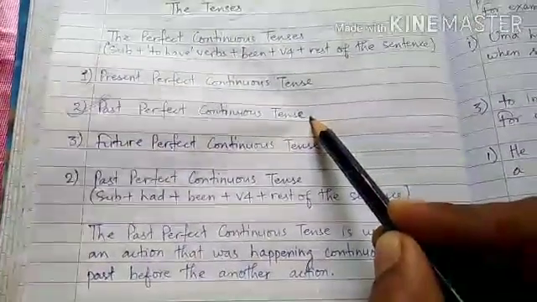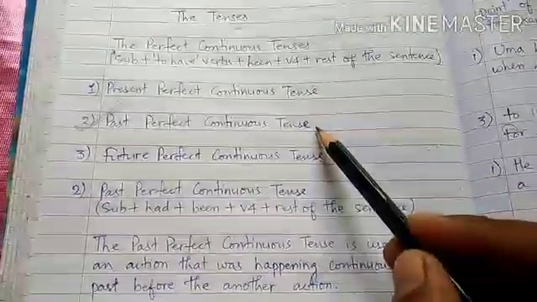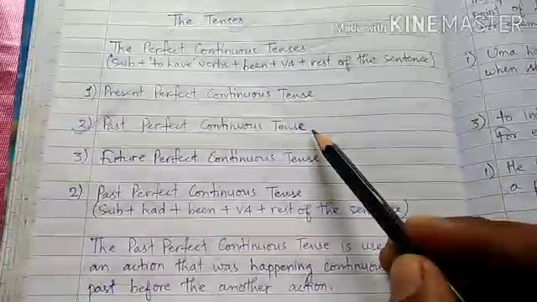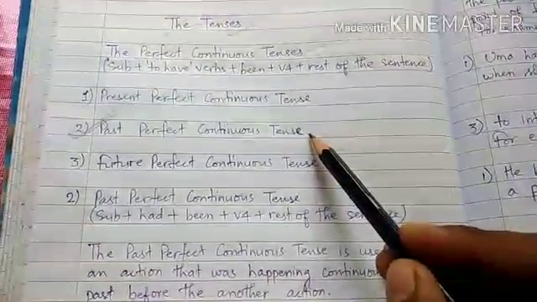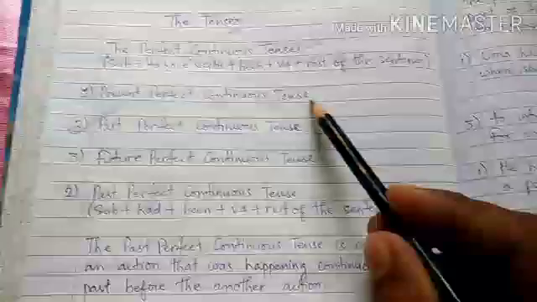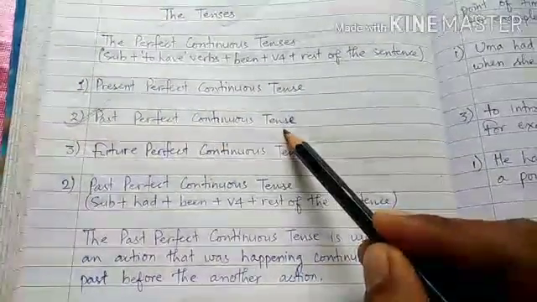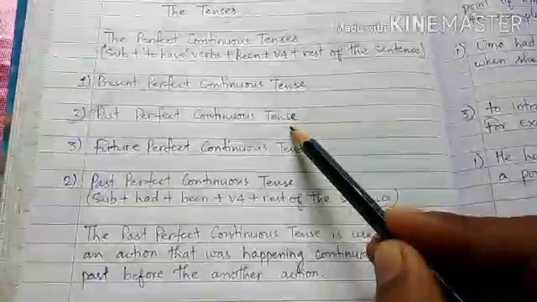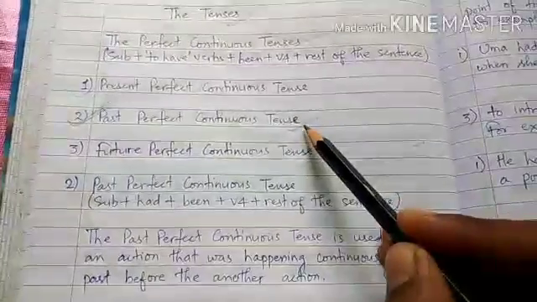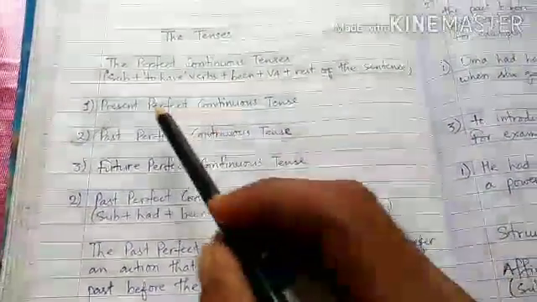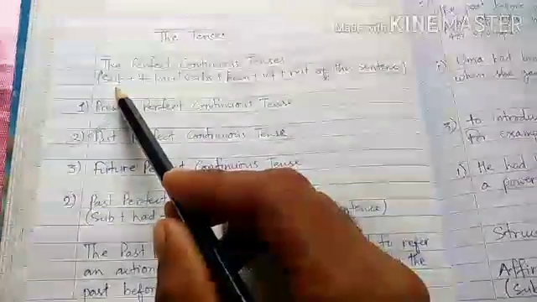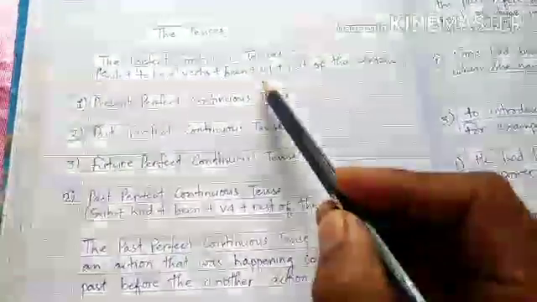We have already understood the structure of different forms of sentences in the present perfect continuous tense. In the same way, in the past perfect continuous tense also we will understand today in this video. And we have also understood the structure of sentences as a whole in the perfect continuous tenses.